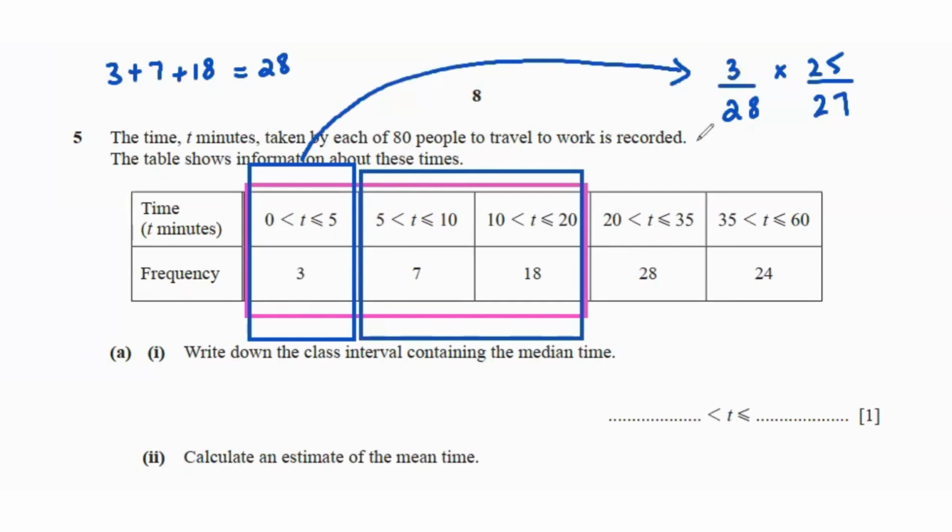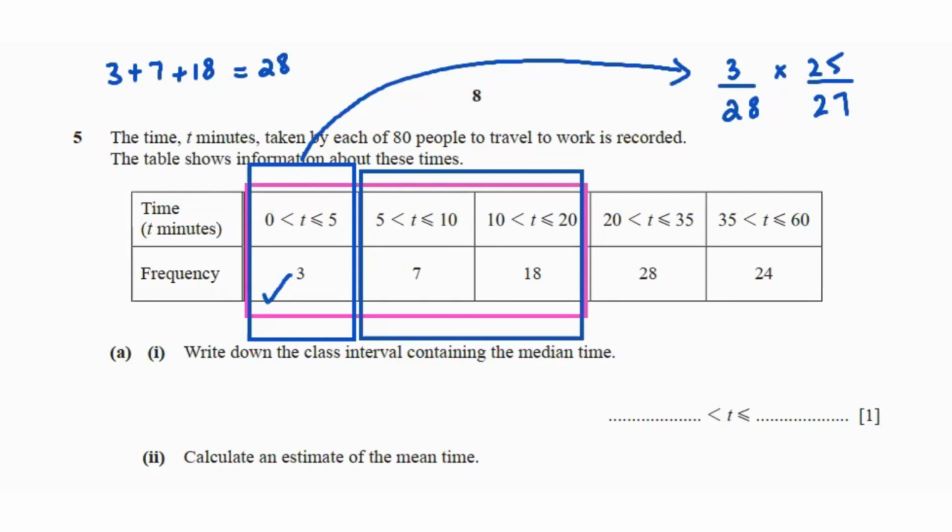So one person less means the total value is going to change now. So instead of 28, it's going to be 27. But out of these 27, the numerator will still be 25 because the person taken out is from this interval, not these two. So 3 over 28 times 25 over 27.